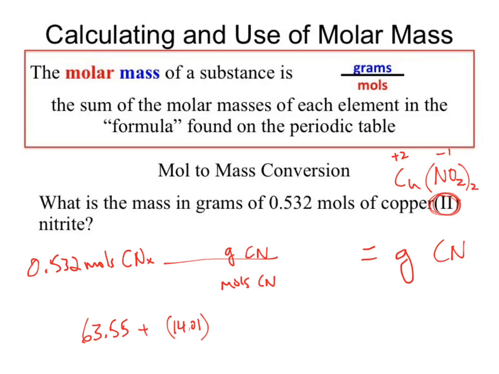What was that last part? Why do you multiply by 2? There's 2 of them. Plus 16 times 4. Why do you multiply by 4? There's 4 of them. This gives us our grams per mole for that molecule.